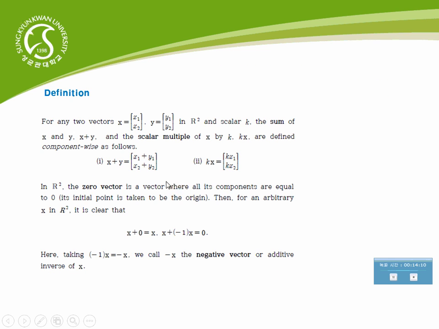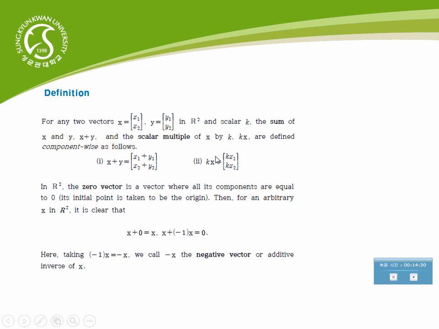And this is vector addition and scalar multiplication. The important thing here, these are things that you already know, but these concepts in R2 can be easily generalized to vectors in R3 and R4, in Rn as well.